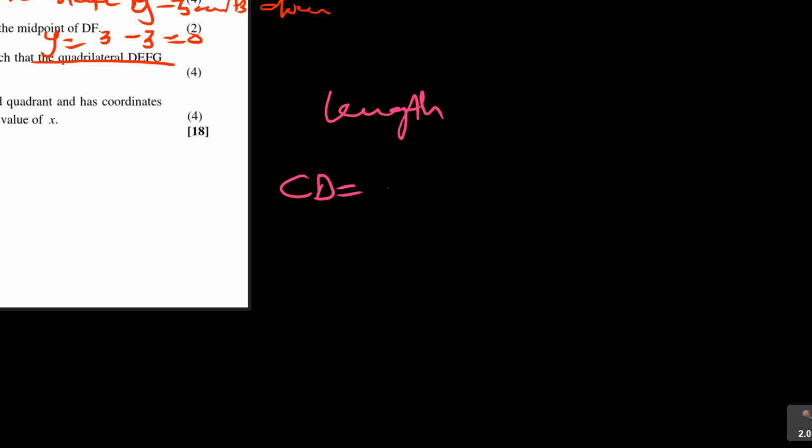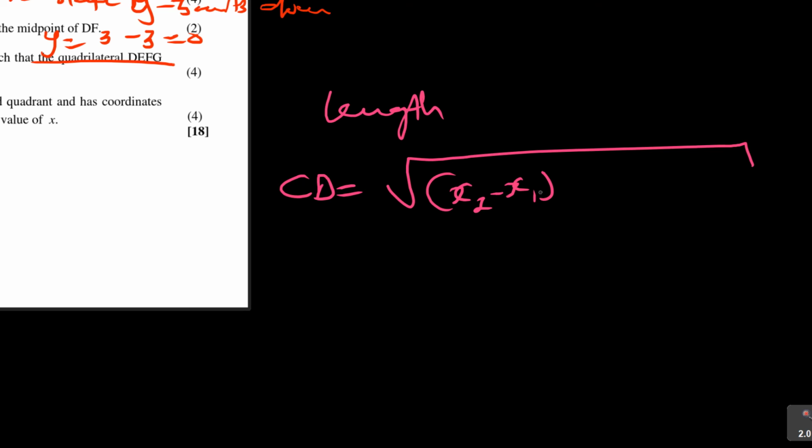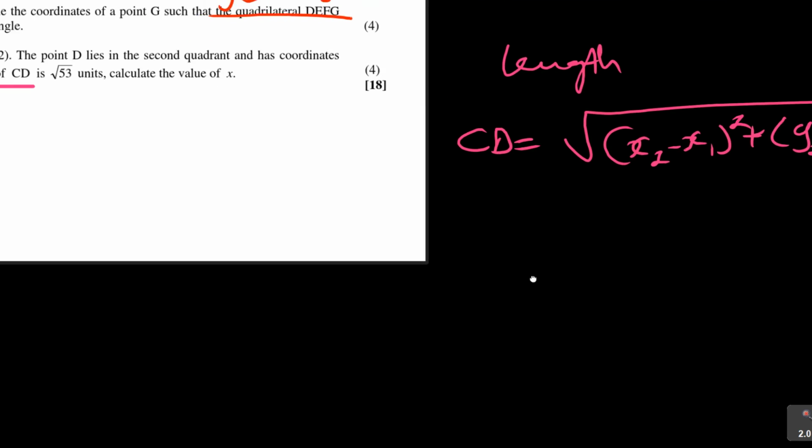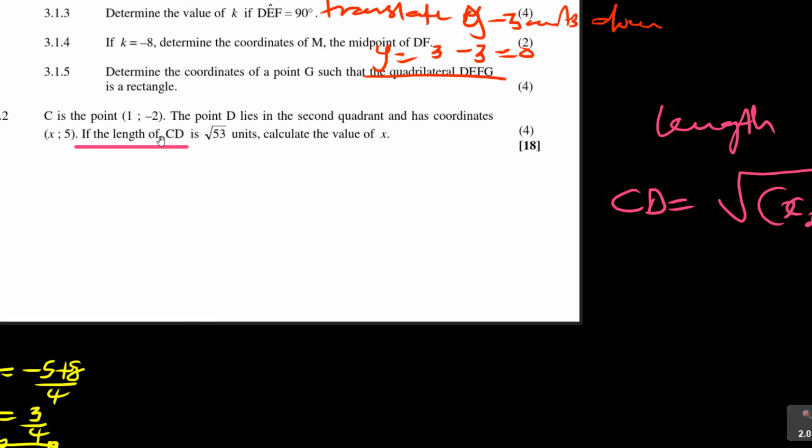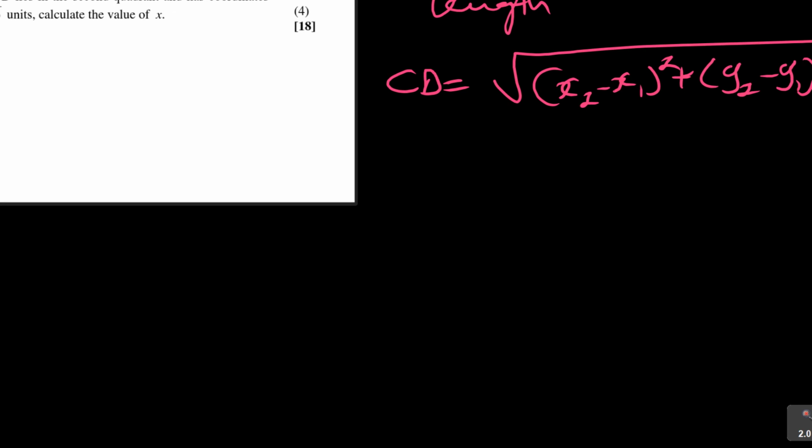CD is equal to the square root of x2 minus x1 squared plus y2 minus y1 squared. That's the distance CD. But they told me CD is 53 units, meaning CD is the square root of 53.